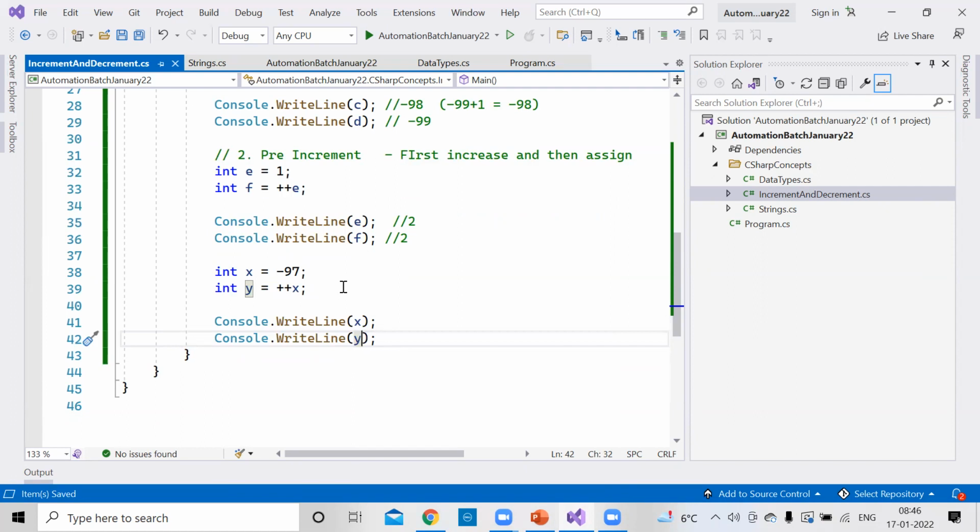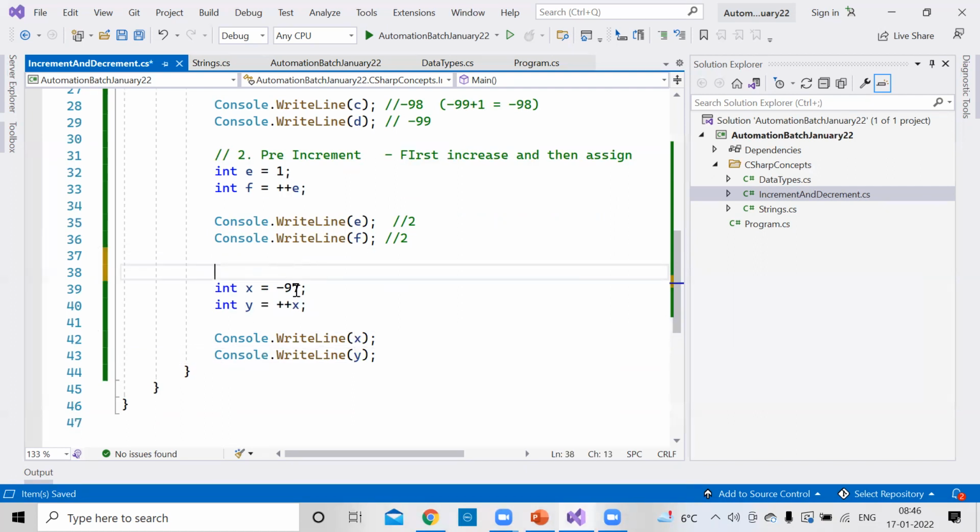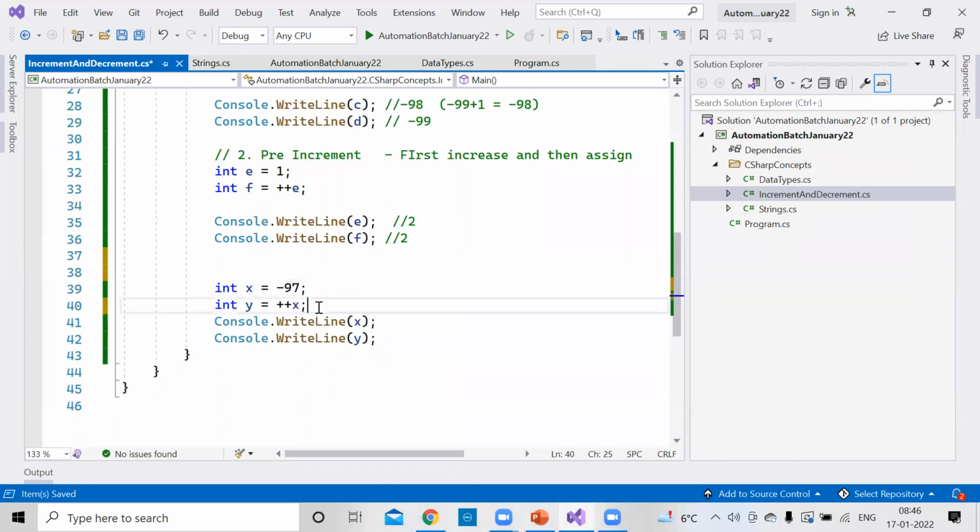So what kind of value can we expect from here? You can easily guess. Now we have understood the concept. So first x, let's understand why. So minus 97 will come here. Before coming here, this will get increased with 1. So minus 97 plus 1 would be minus 96, and minus 96 would be assigned to y.